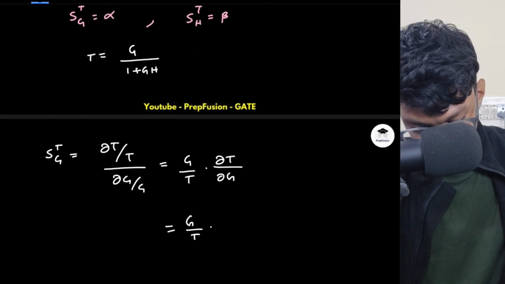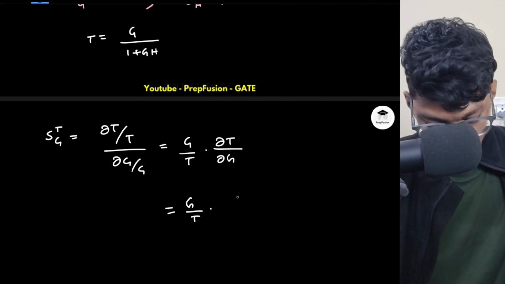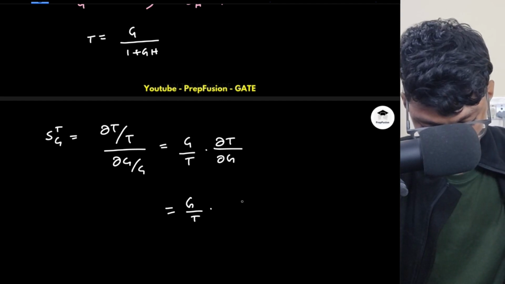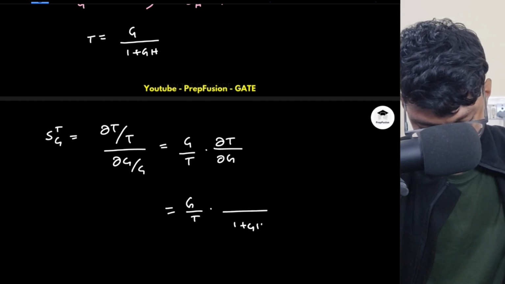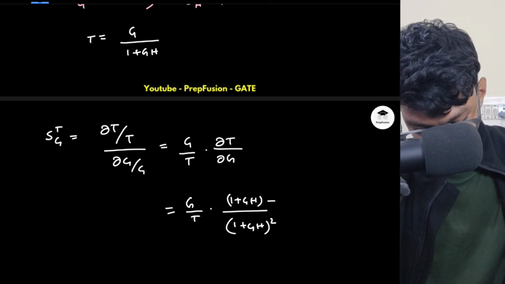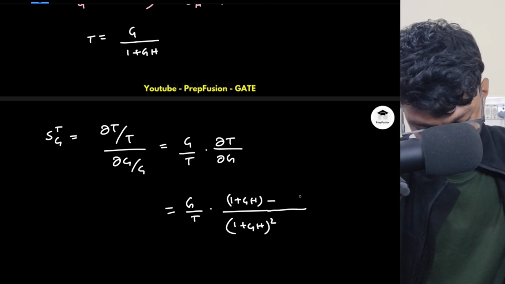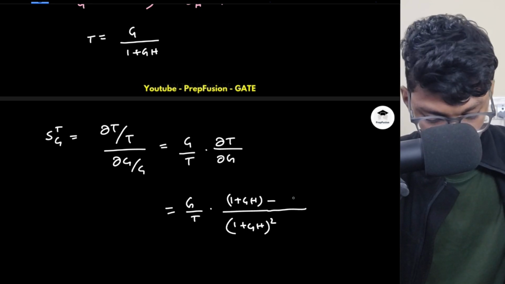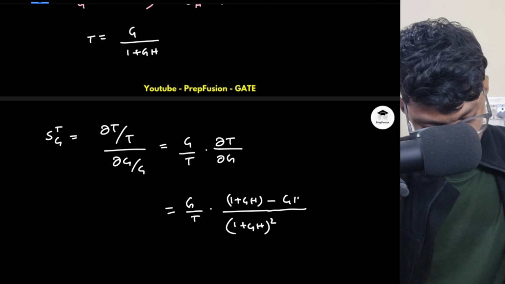Del T by del G, if I just compute the differentiation with respect to G, this will be 1 plus G of H whole square. This will be 1 plus G of H minus GH.